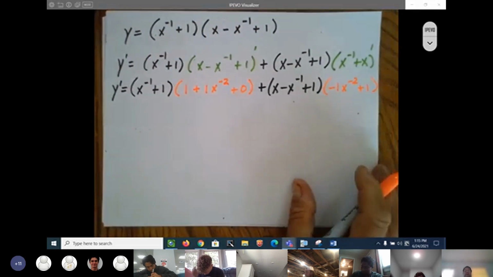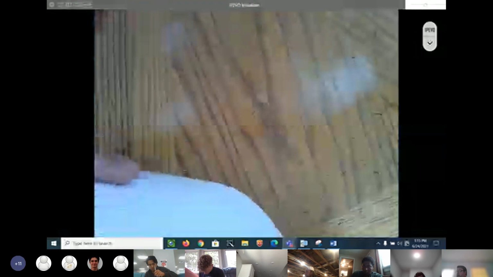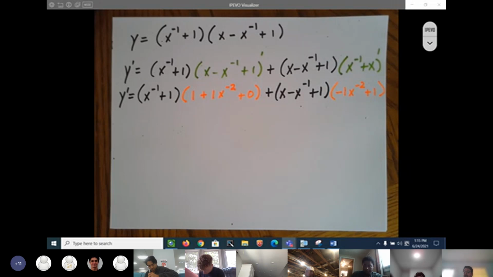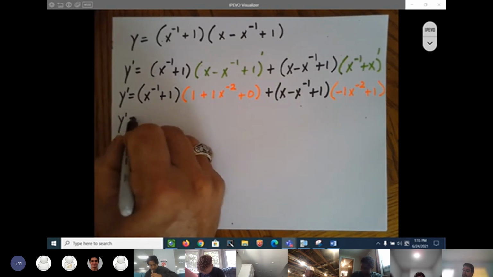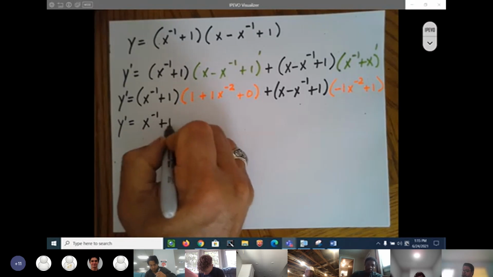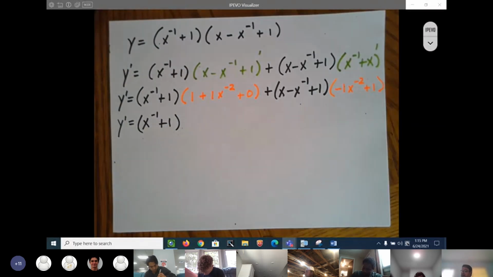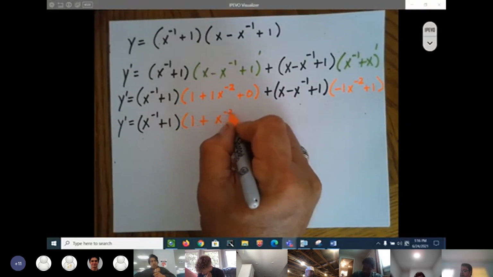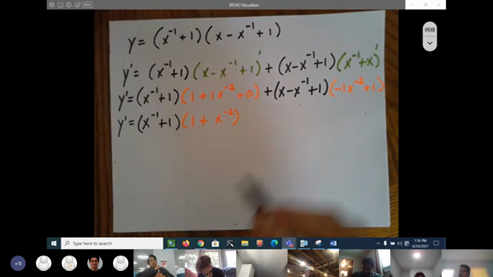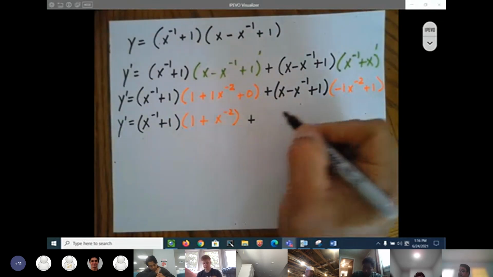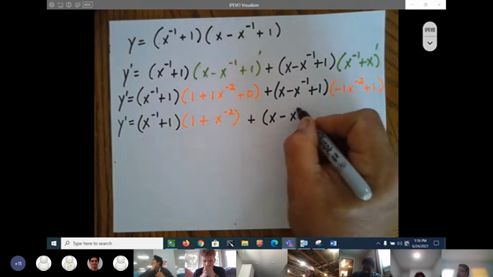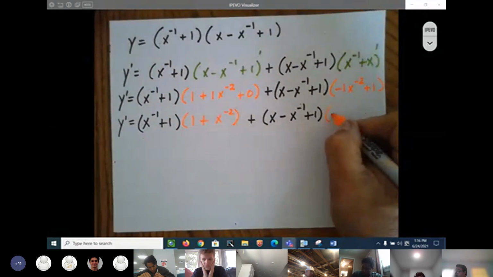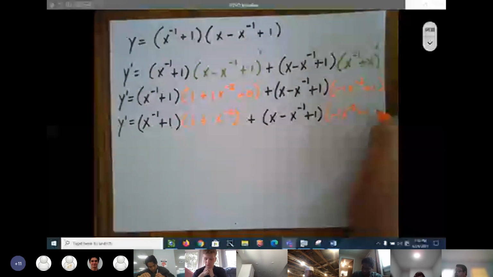Y'all check me. So to clean everything up, y prime is equal to x to the negative 1 plus 1 times 1 plus 1, or x to the negative 2, plus x minus x to the negative 1 plus 1 times negative 1x to the negative 2 plus 1.